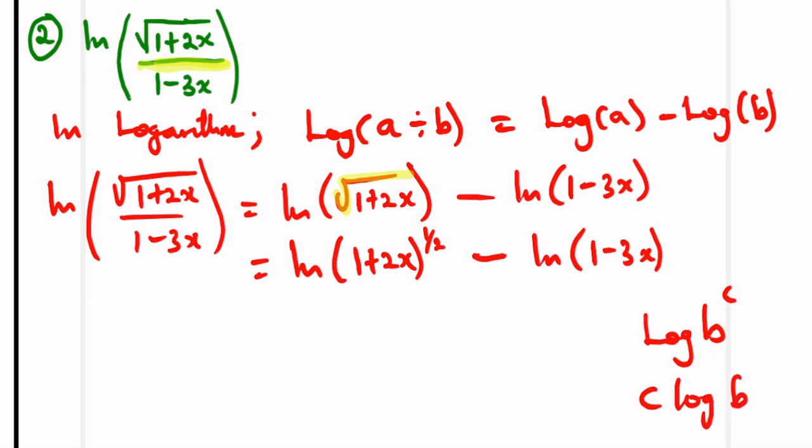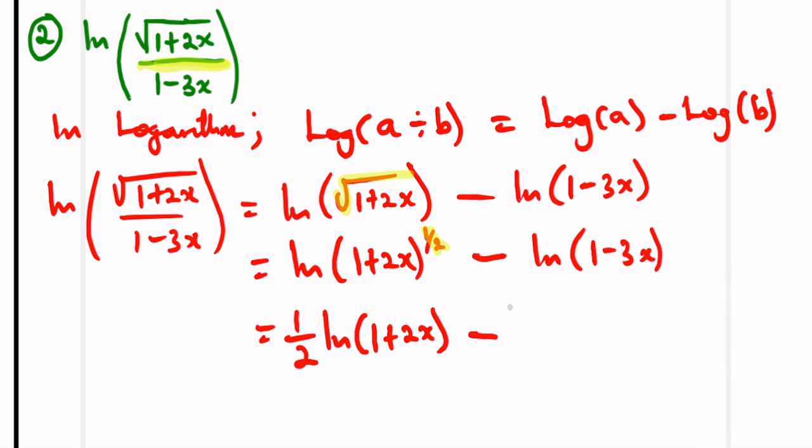So this power half, we put it in front, and express it as 1 over 2 natural log of 1 plus 2x minus the natural log of 1 minus 3x. This is what we get when we express it this way.